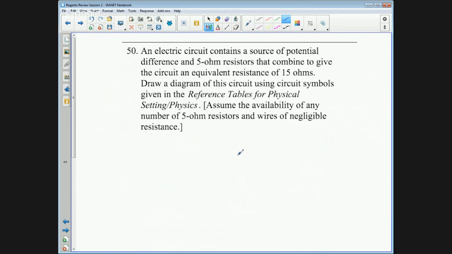So they need an equivalent resistance of 15 ohms. R equivalent equals 15. If we build a series circuit using only 5 ohm resistors, we need 3 5 ohm resistors. 5 ohm plus 5 ohm plus 5 ohm equals 15 ohms.